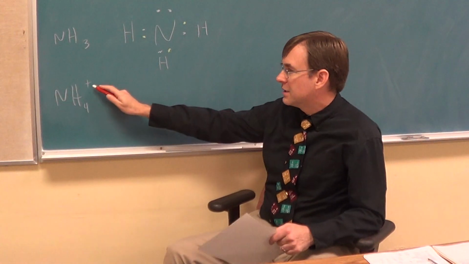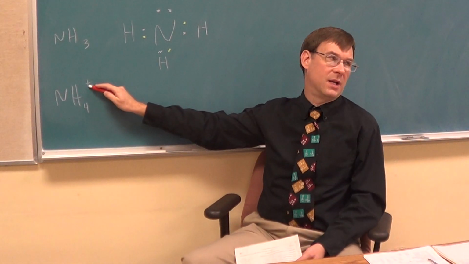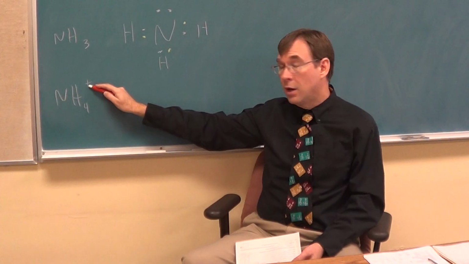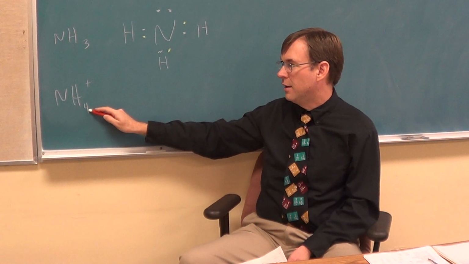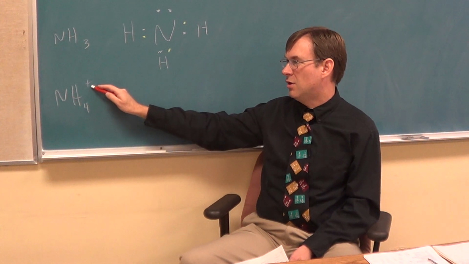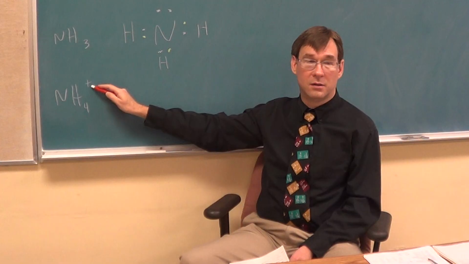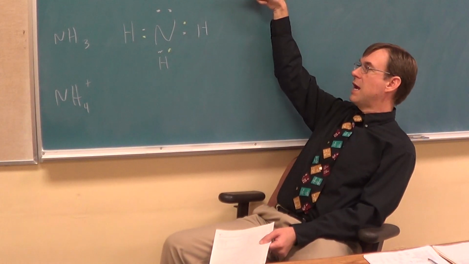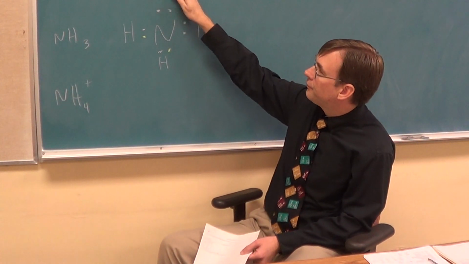If I upgrade this to NH4 with a plus, what's the plus mean has happened? It lost an electron. So I'm bringing in this 4th hydrogen, and if that 4th hydrogen has lost an electron, it actually has none. So this hydrogen that brings no electrons to the table would jump in on the top.